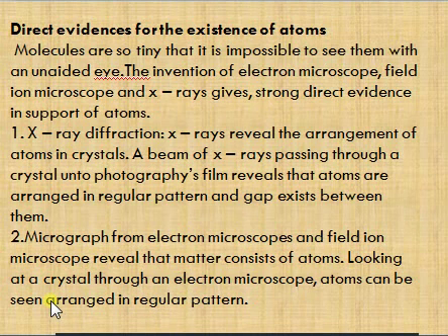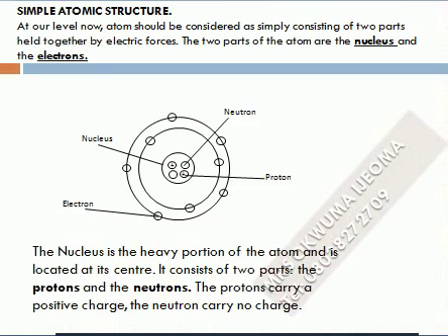So with the use of X-ray diffraction and the field ion microscope, we found out that these atoms really exist, that they exist as crystals and that they have a definite pattern of arrangement.